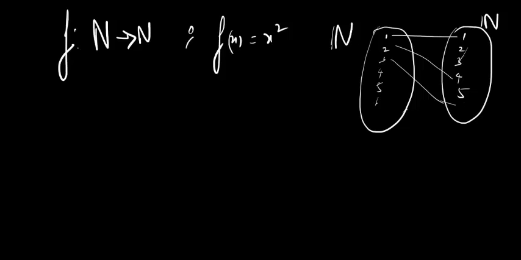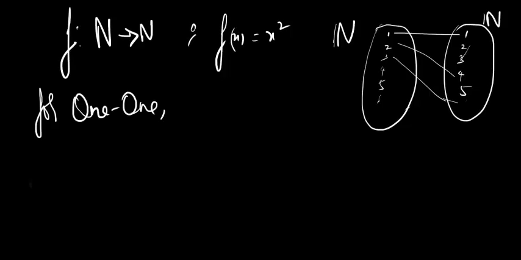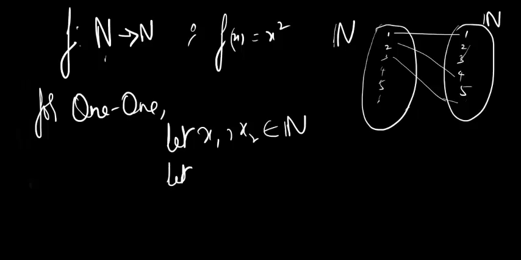Okay, let's go ahead and prove this for one-one. What do I have? The procedure is very simple. First of all, you need to consider two elements from the first set. So let x1, x2 belong to N. Then you put a condition that let f of x1 be equal to f of x2.